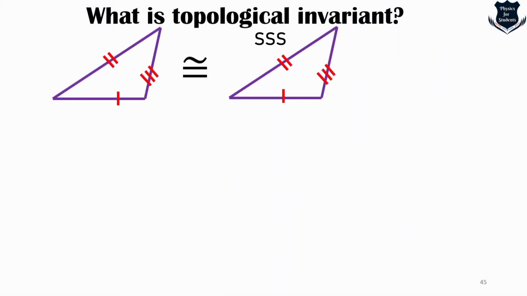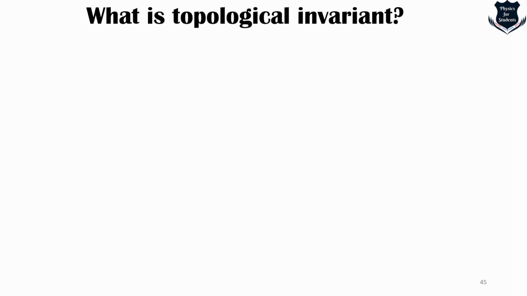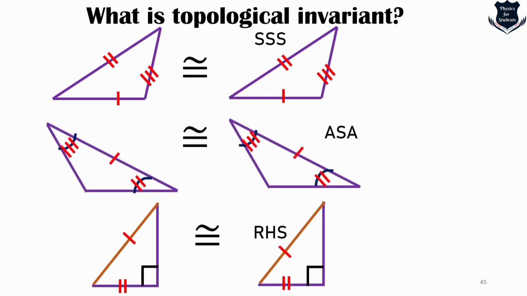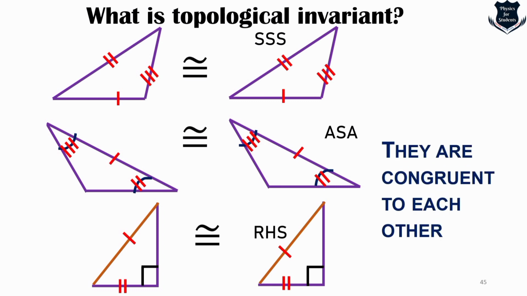Right. Now, before we go into discussing more about topological invariants, I would like to show you a Cartesian coordinate demonstration. Why I am showing you Cartesian coordinates, you will soon understand. Suppose this is a simple congruency: side-side-side, angle-side-angle, right-angle-hypotenuse-side. We know this from our school days. So they are congruent to each other in a Cartesian coordinate.